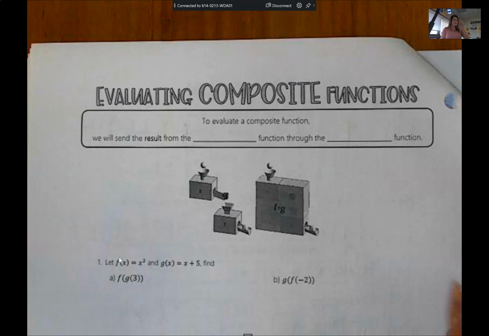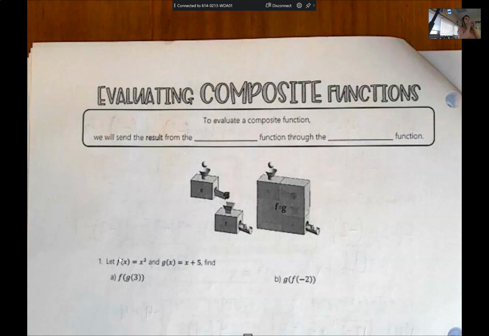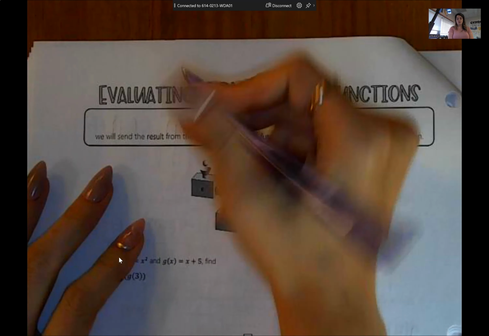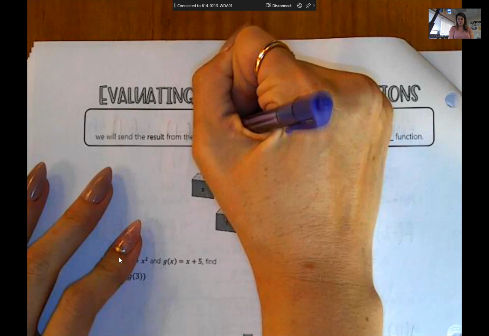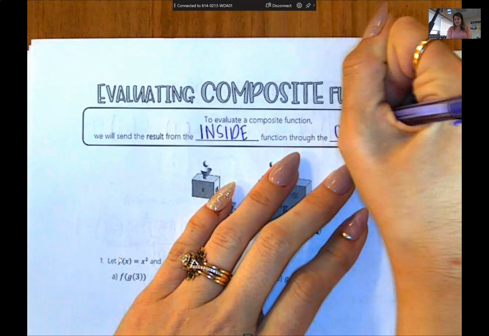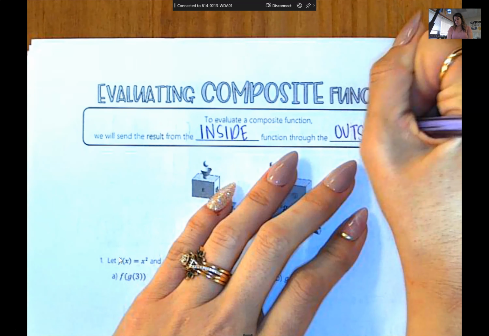functions. And what is happening is there is a function inside of a function. So we will send, this probably won't make sense now, but it will once we do a few examples, we will send the result from the inside function through the outside function.